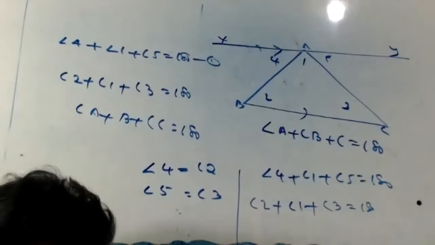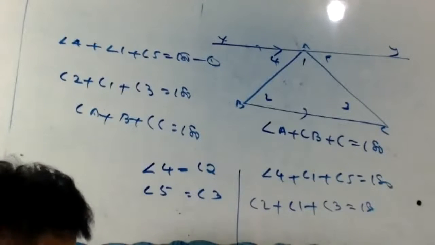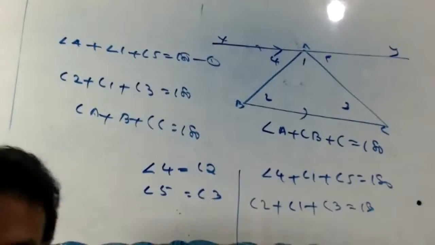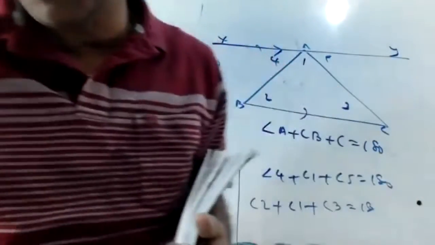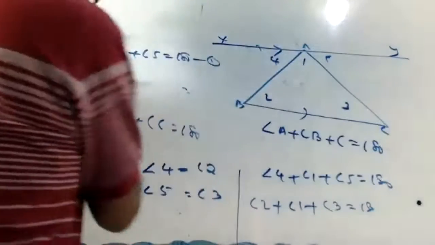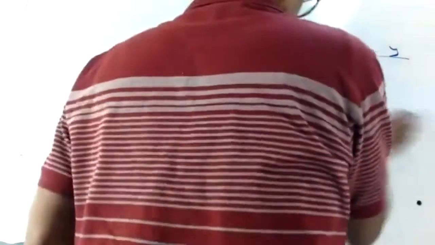Okay, next question. Next one, star question. The sum of two angles of a triangle is equal to the third angle.